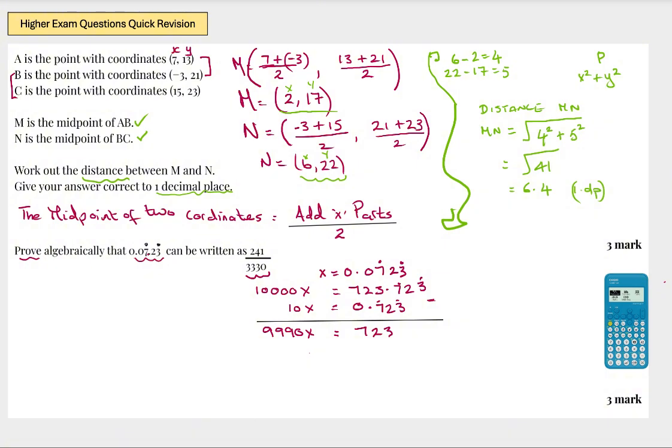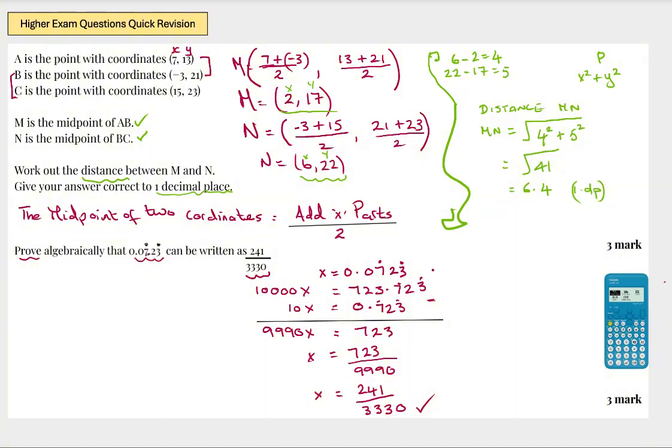So let's do x equals 723 all over 9990, and we're going to simplify it. Pop it into the calculator, and there we have it. So you just proved that this can look like that.